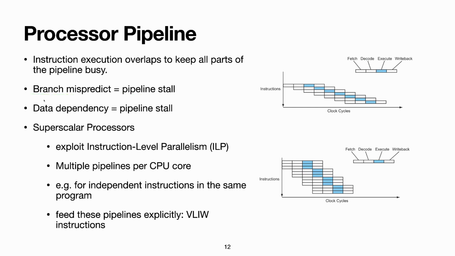So one thing that causes pipeline stalls is branch mispredict. If you encounter an if statement, the CPU will try to guess which branch will be taken, and it will speculatively enqueue instructions from this branch.